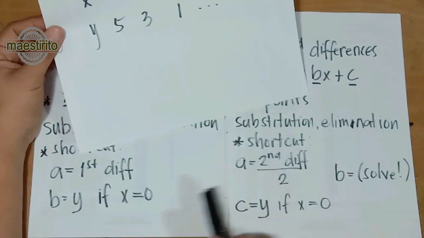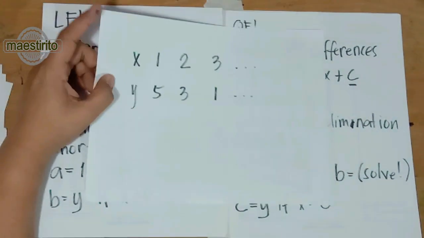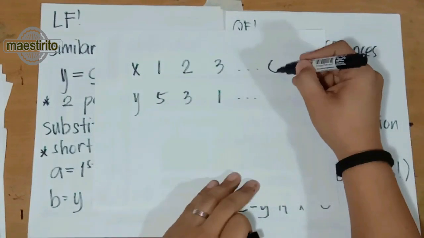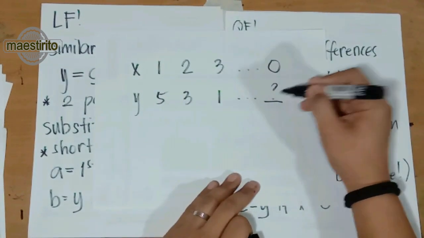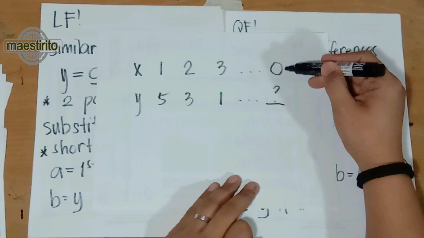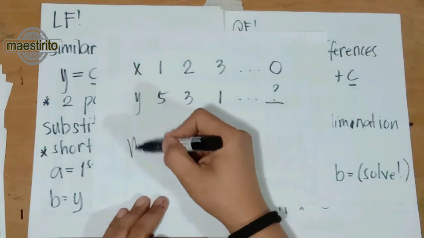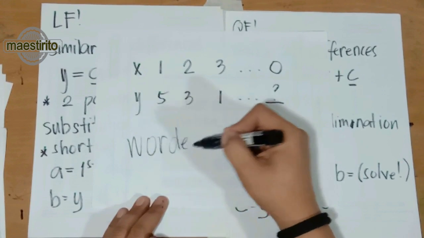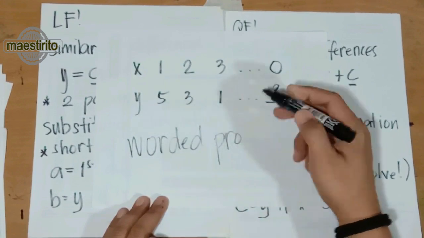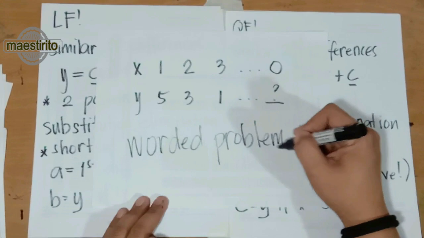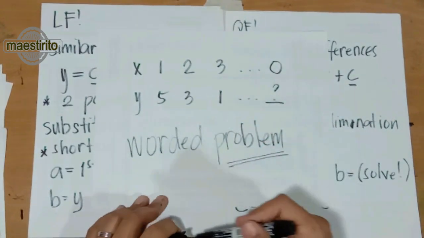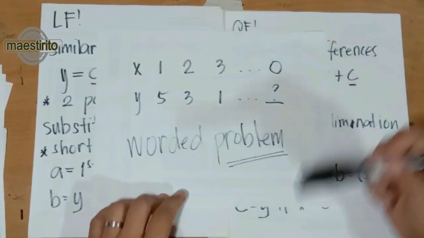So if you really want to do the shortcut, then you could have 0 here, as long as the y value corresponding to that 0 x is correct. And how are you going to do that? You go back to the worded problem. Okay, the worded problem will actually guide you for this point.